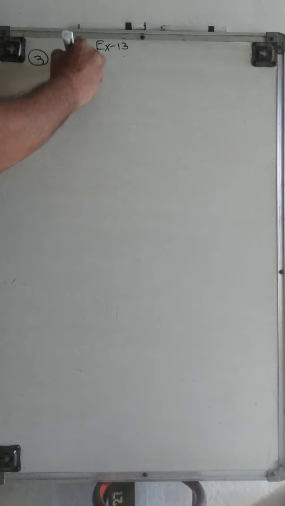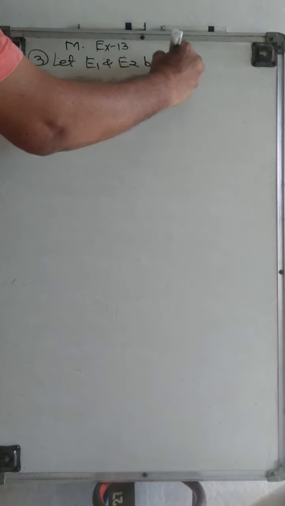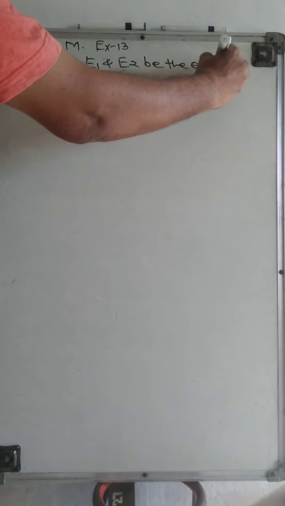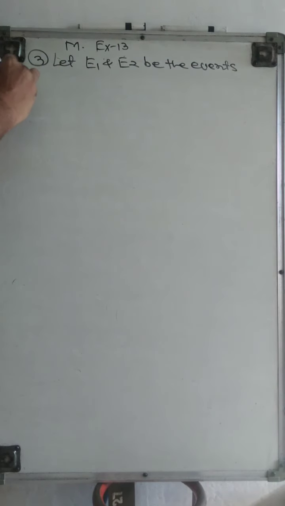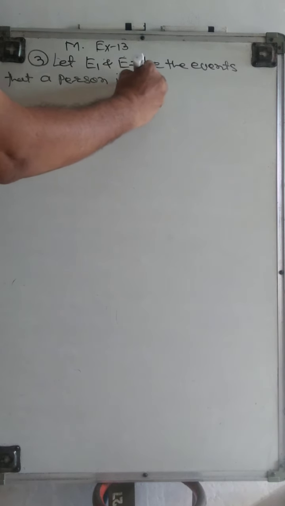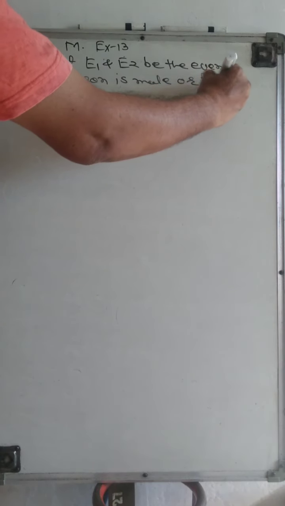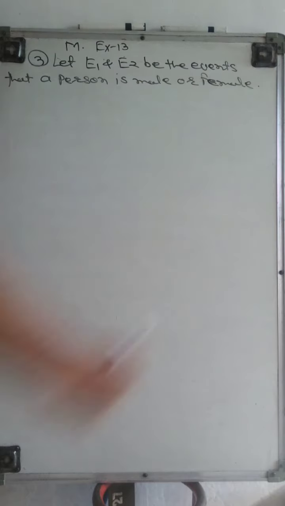Let E1 and E2 be the events that a person is male or female. Right?